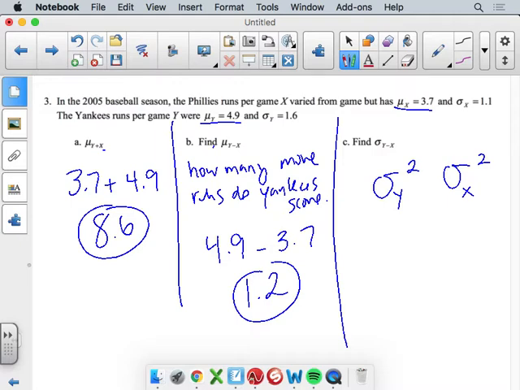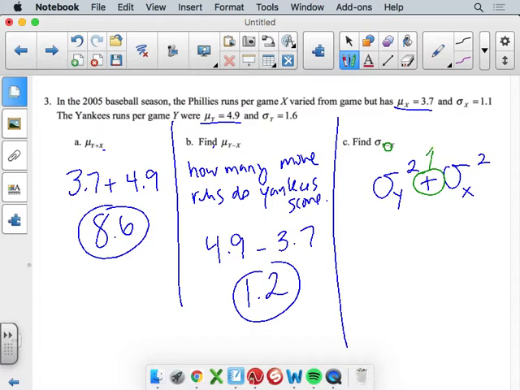And then the other weird thing about standard deviations is that they'll never get smaller. Your unpredictability always gets bigger when you combine things. So I'm never subtracting, I'm always adding standard deviations. So even though it says subtract there, I'm always adding.